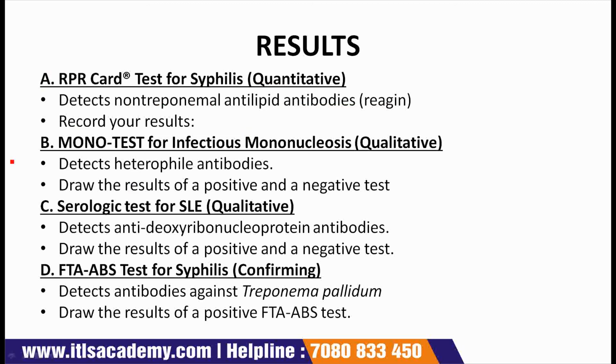Next is the mono test for infectious mononucleosis. For these results, detect heterophile antibodies. Draw the results of a positive and a negative test.